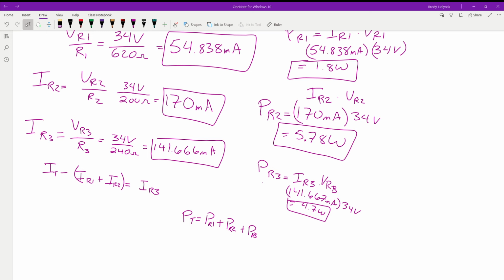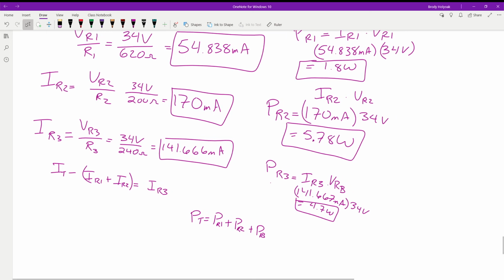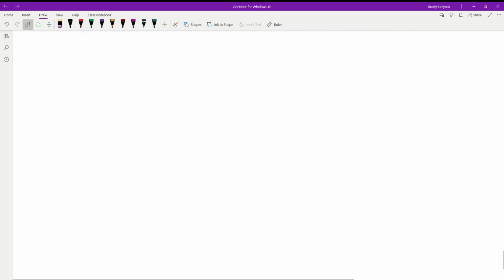Okay. What can we do with parallel circuits? One thing I've already told you guys is that's how your houses are wired. Everything needs access to the voltage and not necessarily a specific amount of current.